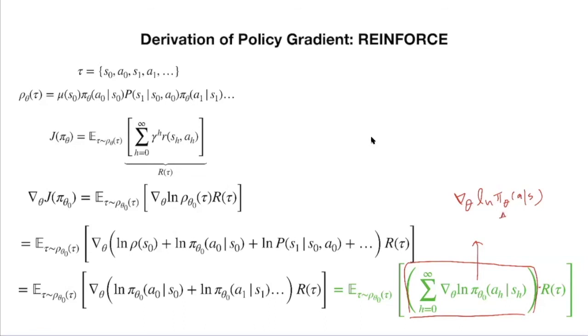We know everything about this policy because we parameterize it. We have full control of this distribution, but we don't have control of the log trajectory likelihood because we don't know the transition. But the nice thing is that when we take the gradient of the log of the trajectory likelihood, all these terms get away. Sorry about that, this should be mu0. This term also goes away because it doesn't depend on my parameterization theta.